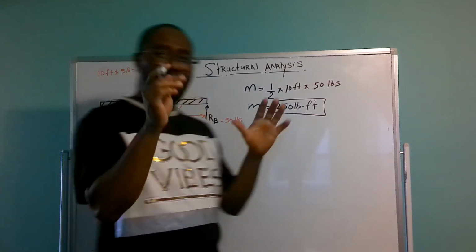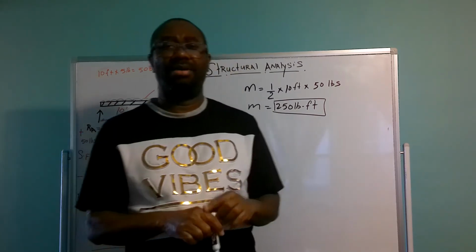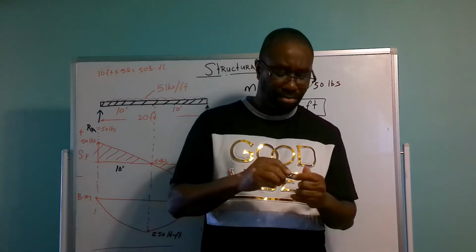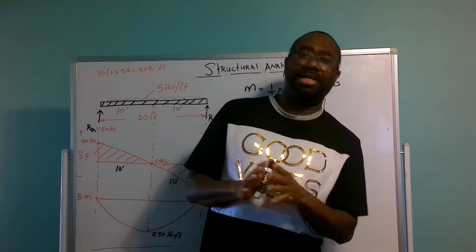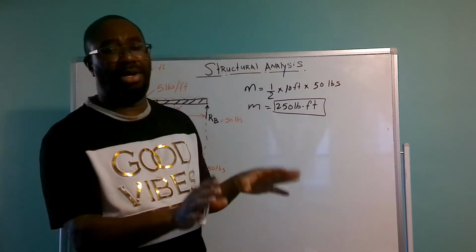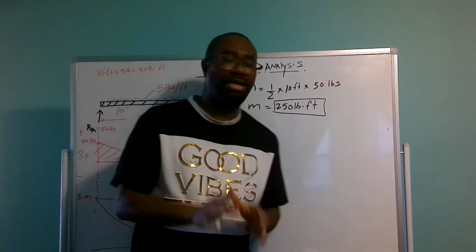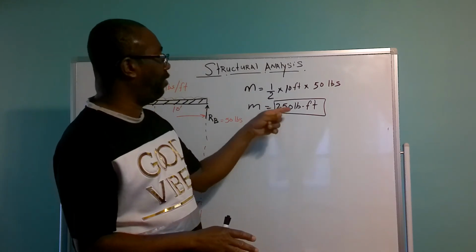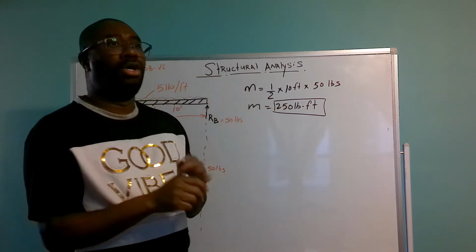So if you're going to design the reinforcement for this beam, the moment that you're going to use in your formula to calculate the area of steel is going to be 250 pounds foot.